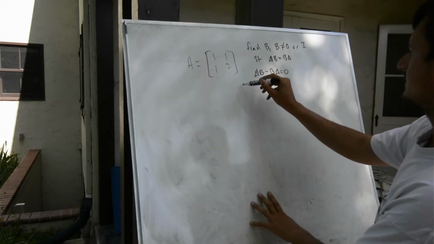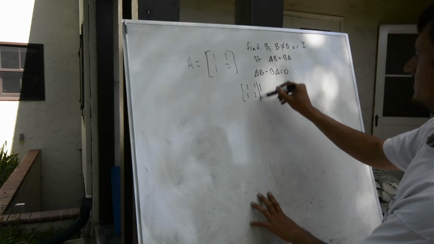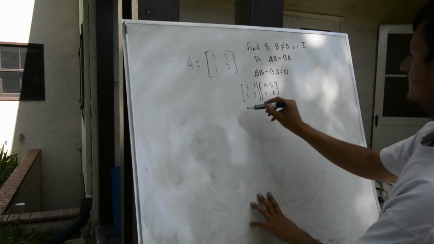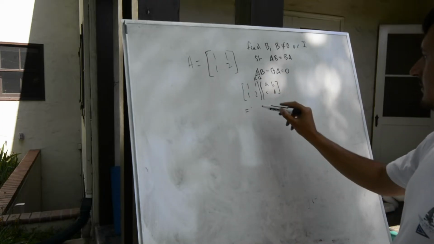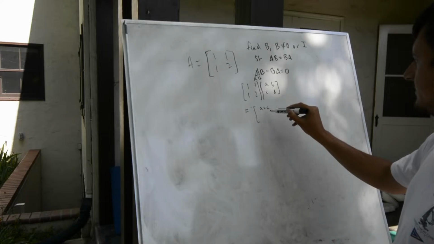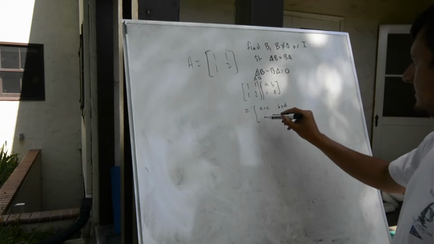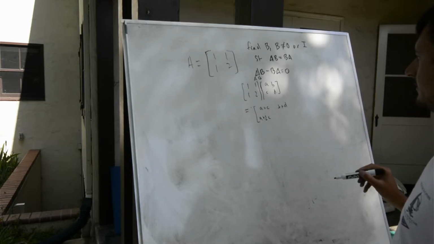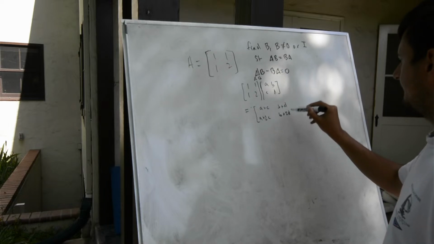Okay, so let's just do this. 1, 1, 1, 2 times A, B, C, D. We get, so this is going to be AB, because B is just totally unknown. So this is going to be A plus C, B plus D, A plus 2C, B plus 2D.